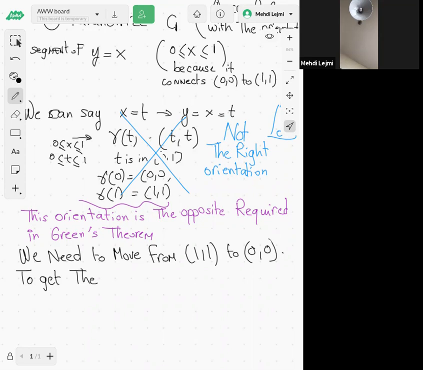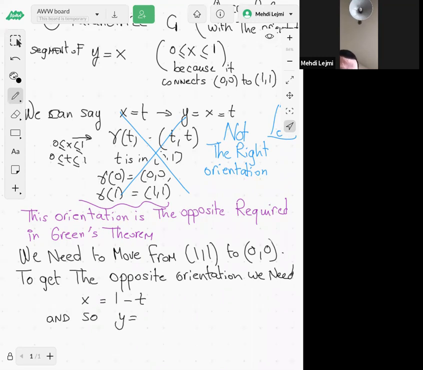So we need x to be equal to 1 minus t, and y, which is equal to x, is also equal to 1 minus t.